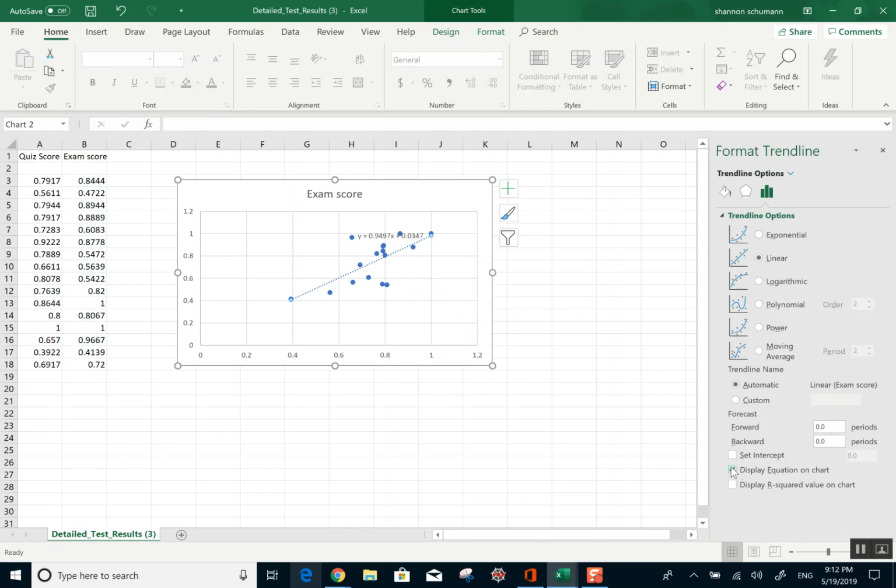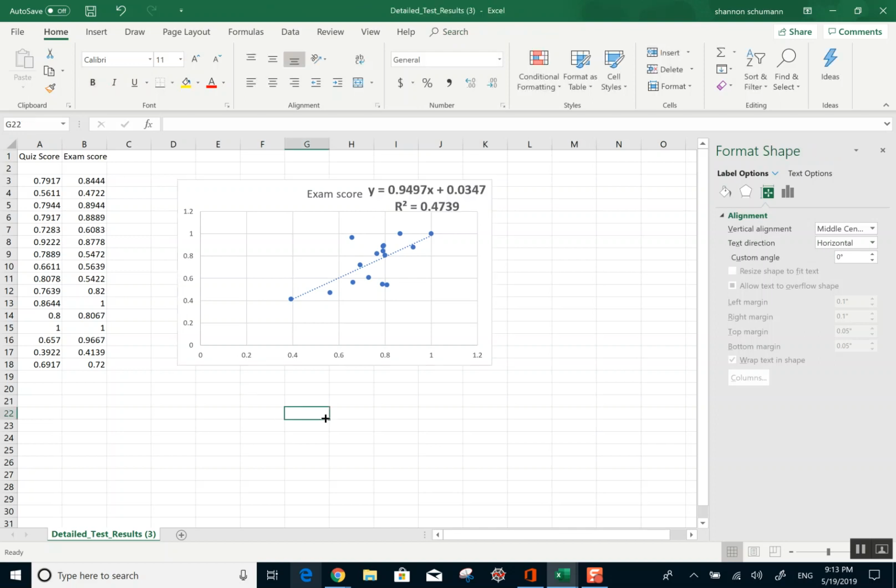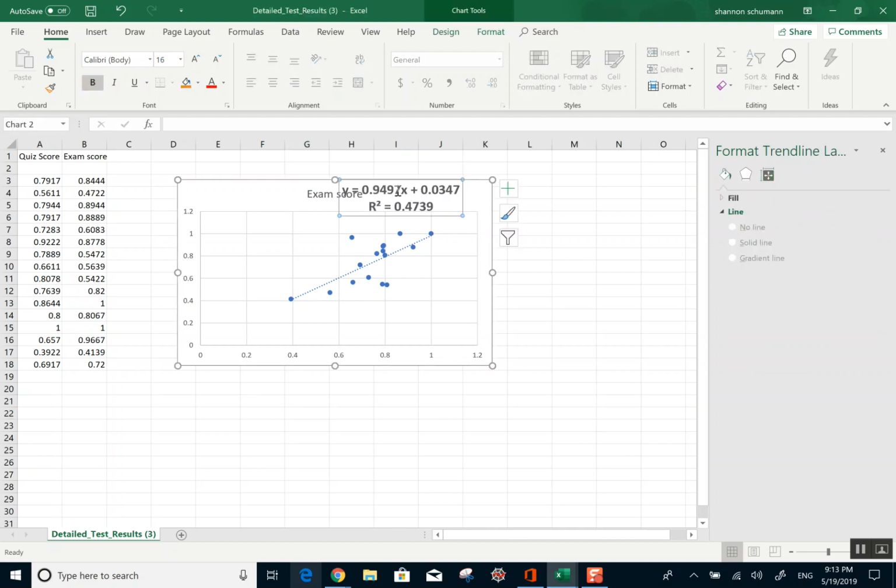I'm going to click on Display Equation on Chart and Display R-squared value on chart. And I'm going to pull that up where it's a little bit easier to see. I'm also going to highlight it and make the text a little bit bigger and boldface so that it's easier to read. Maybe move it over into a blank spot here.